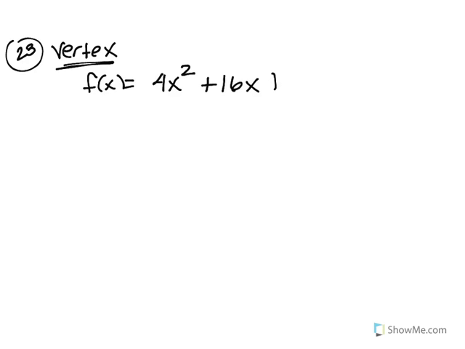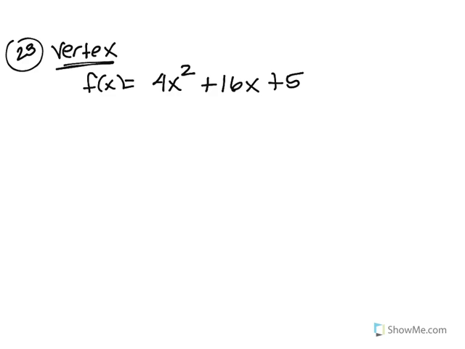Number 23 says in the following exercise, find the coordinates of the vertex. So we're finding the vertex. And we got f of x equals 4x squared plus 16x plus 5. So if you remember, this is getting closer to the last step. This is in chapter 3.